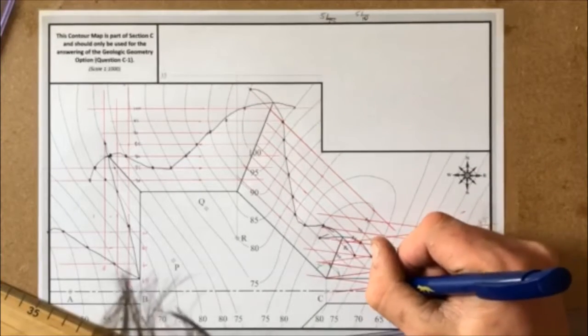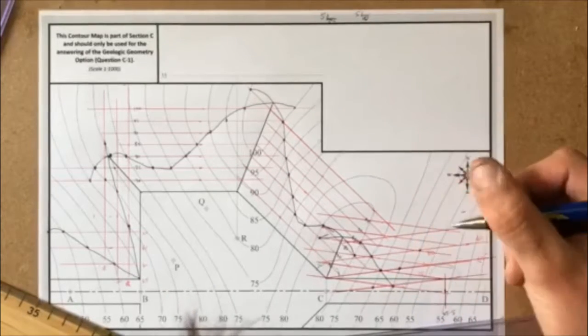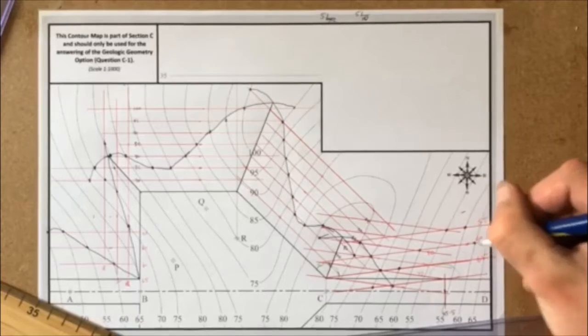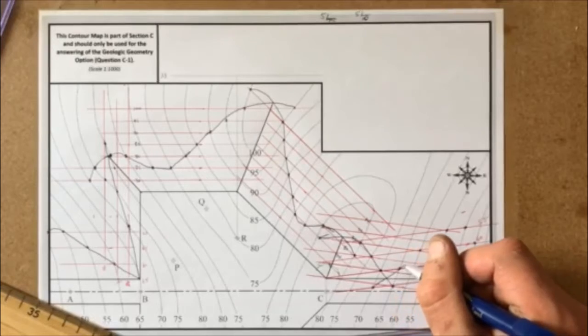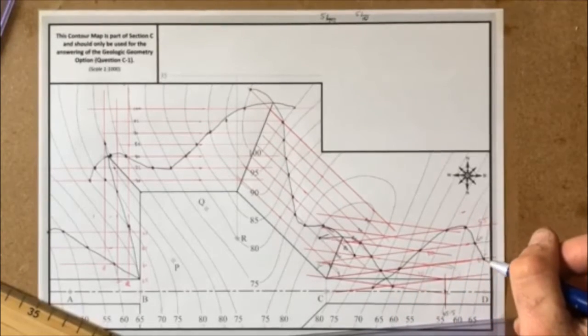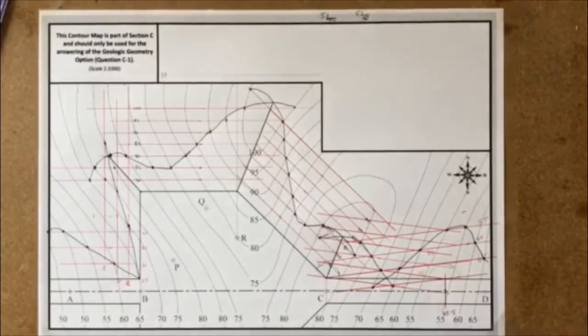Okay, so that's 70, 65, 60, 55, 55, 60, 65. Okay. And that's that part of the question then done.